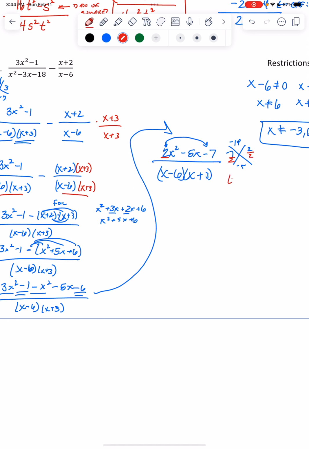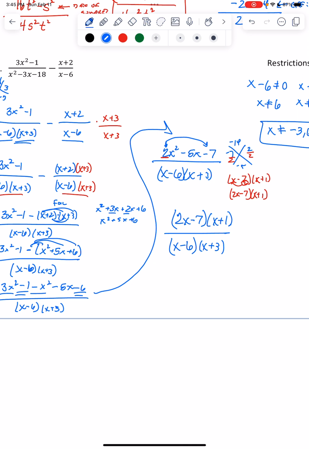So that would give us x minus 7 over 2, and then x plus 1 when we simplify that fraction. And we swing that, give us 2x minus 7, x plus 1. So our fraction, 2x minus 7, x plus 1 over x minus 6, x plus 3. And unfortunately, we can't divide anything out. So there's our answer right there.